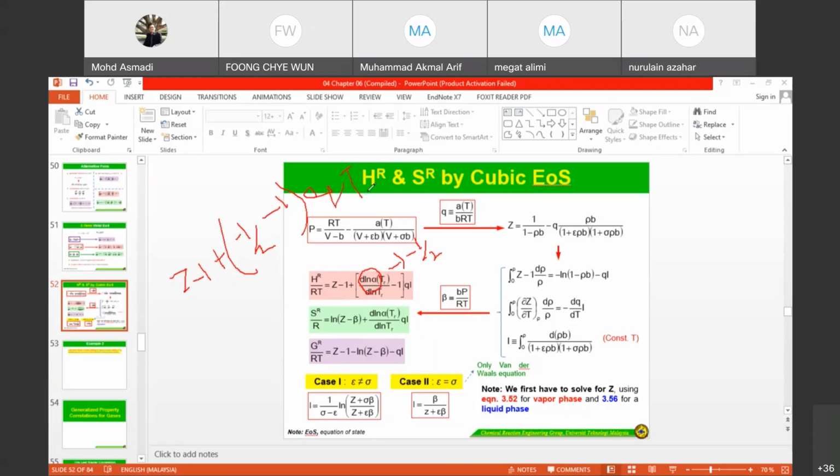Okay, this is only for Redlich-Kwong. For Soave-Redlich-Kwong and Peng-Robinson it is different. So please calculate HR over RT. Similarly, for SR over R. Just substitute. Later I will explain the derivation for the Soave-Redlich-Kwong and also Peng-Robinson.